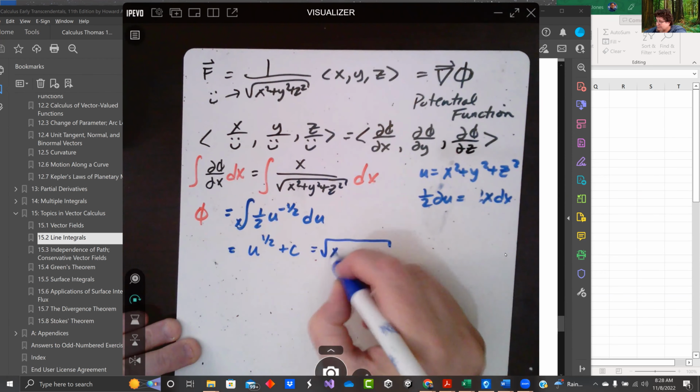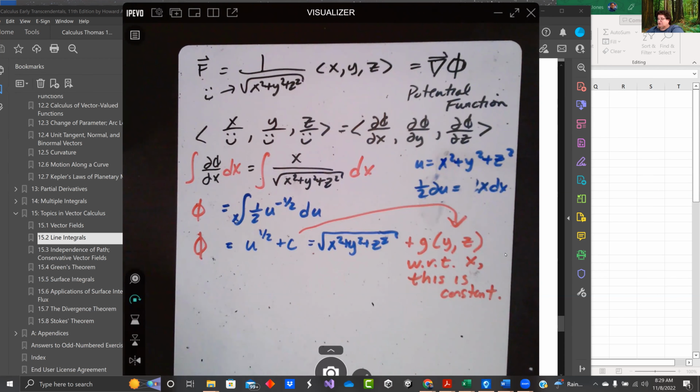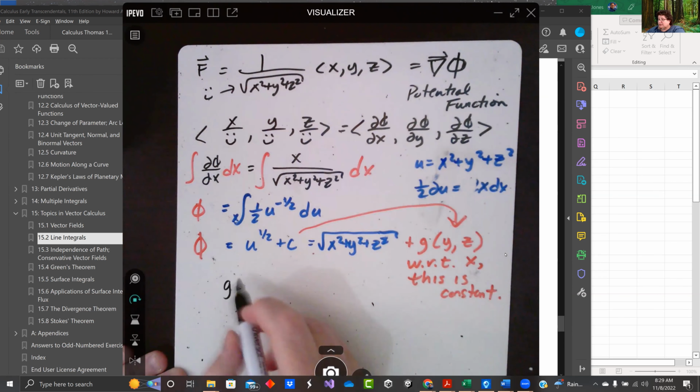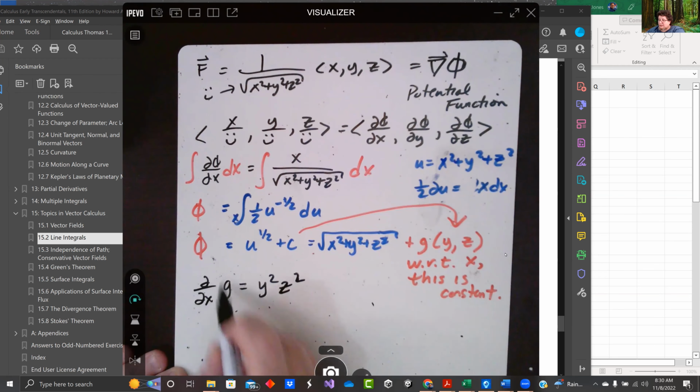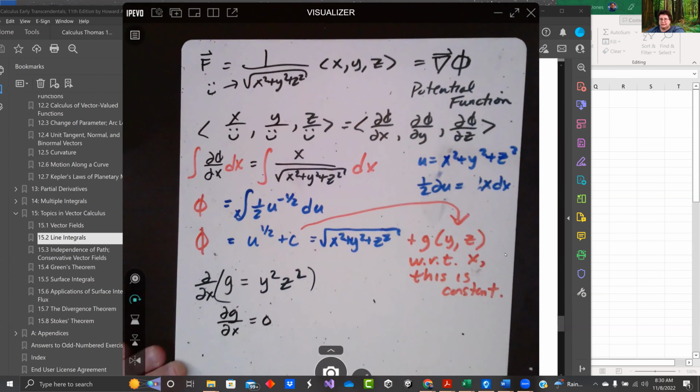I want to make sure everyone kind of gets that. So like if g was y squared z squared, and I did d/dx on this, I'm going to get dg/dx equals 0 because there's no x's there.